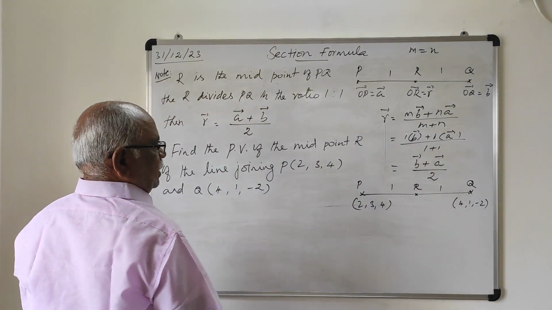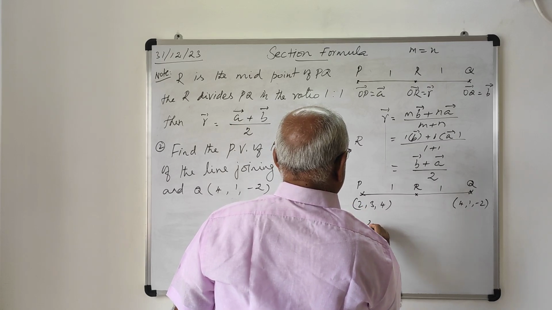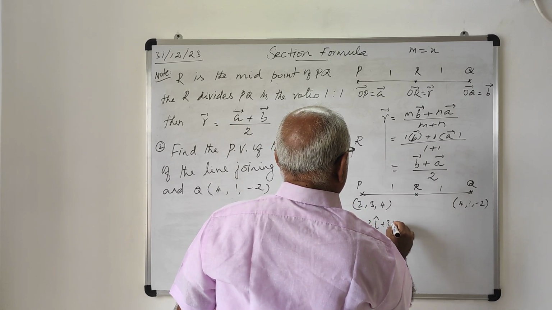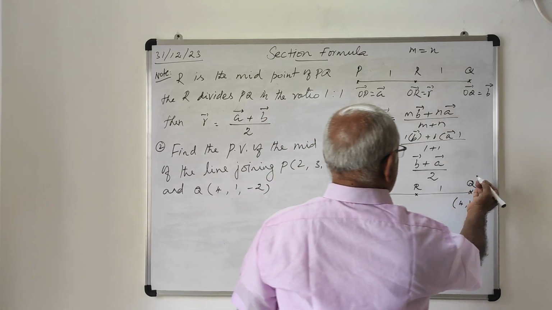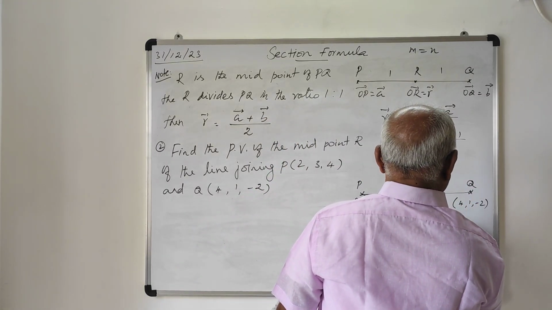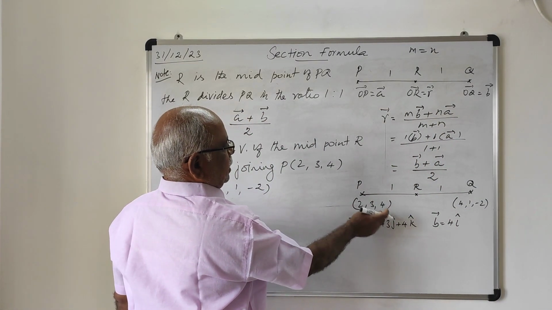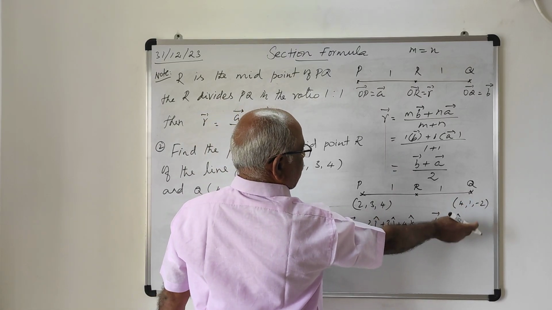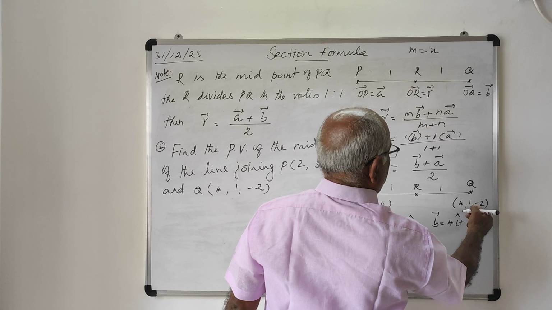You know that the position vector of OP is A vector, which is 2i plus 3j plus 4k. OQ is B vector, which is 4i plus j vector minus 2k vector.